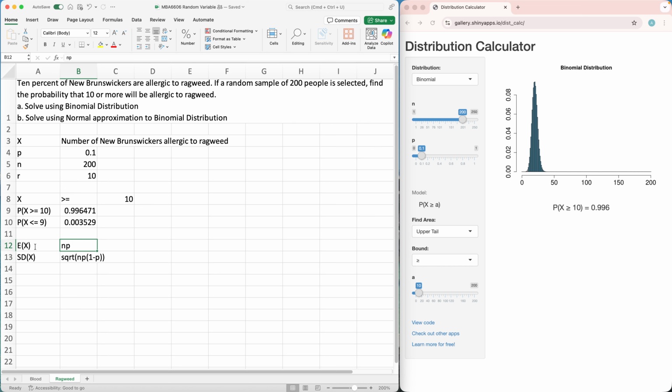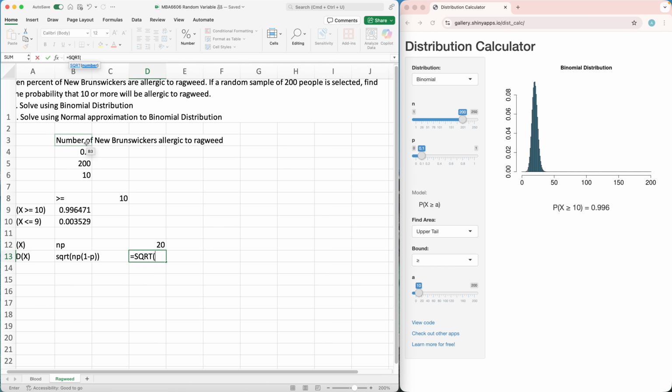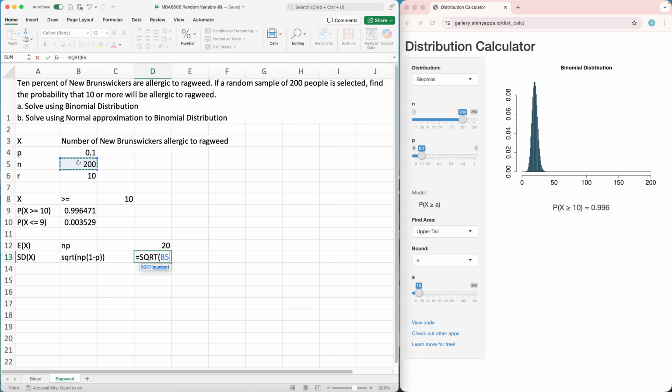So the mean is n times 0.1, that is 20, and the standard deviation is the square root of n times p times 1 minus p. So that is 4.242641.